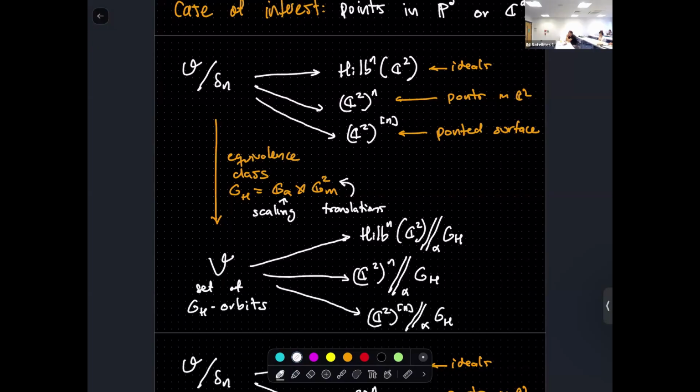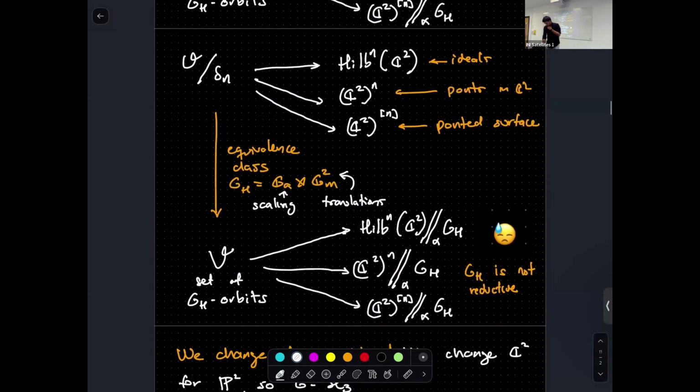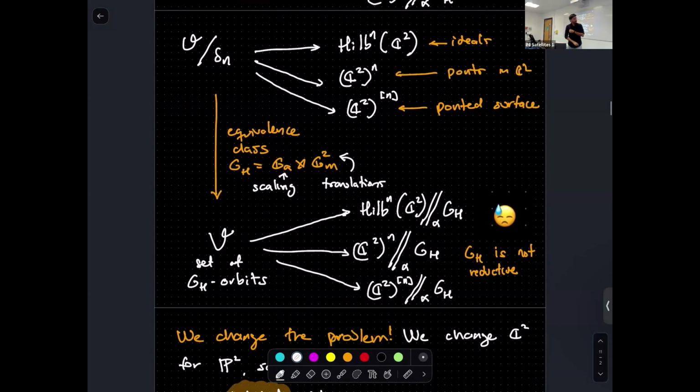And then what happens is that for my set of orbits, the good ones, I just need to consider these quotients, and I say, okay, maybe I'm going to study these. The problem is that the group is what we call non-reductive, which concerns the ring of invariants.